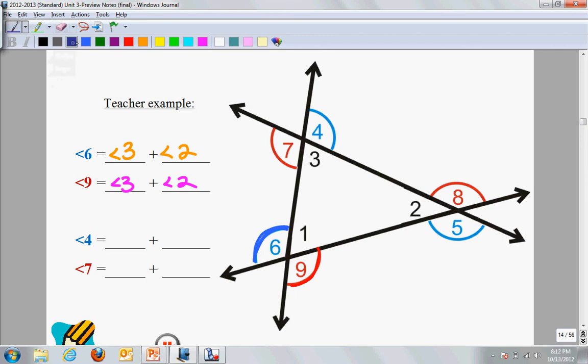Angle 4, here, remote, far away, interior, still inside the triangle. Angle 4 is going to be equal to angles 1 and 2 added together.